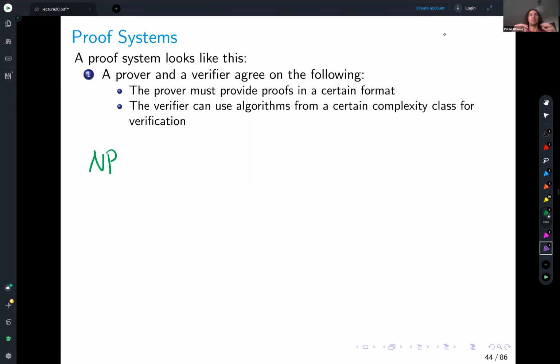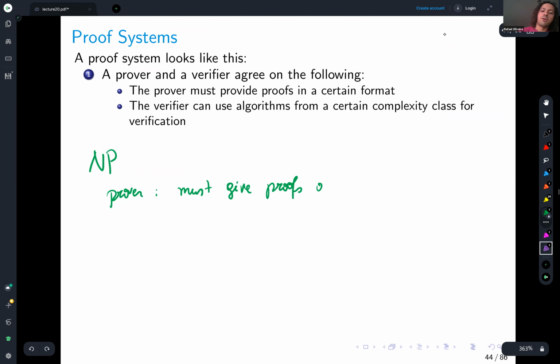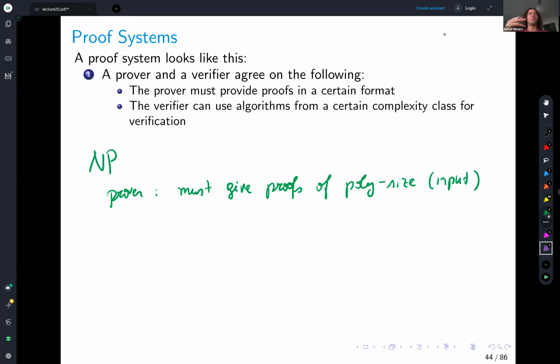We didn't talk about the prover itself, but we just said that someone will give me a proof. But you can think that there's a prover that must give proofs of polynomial size, polynomial in the size of the input.